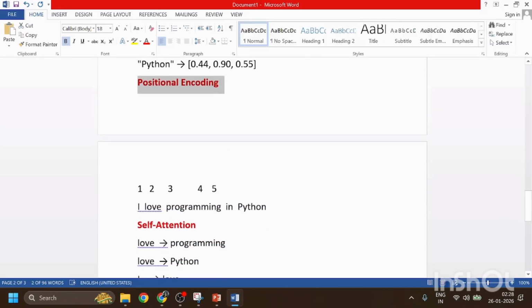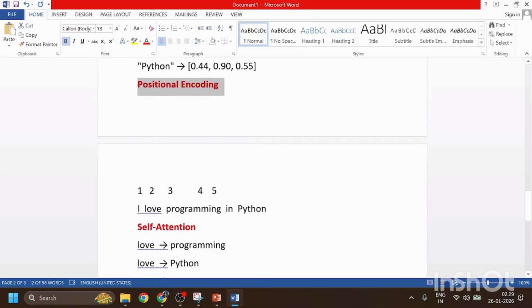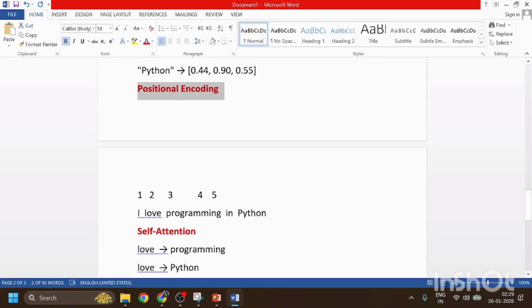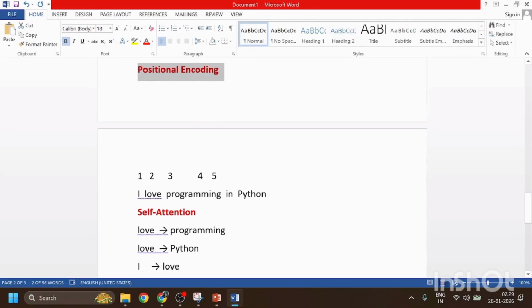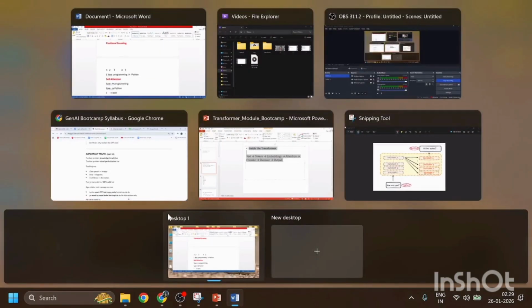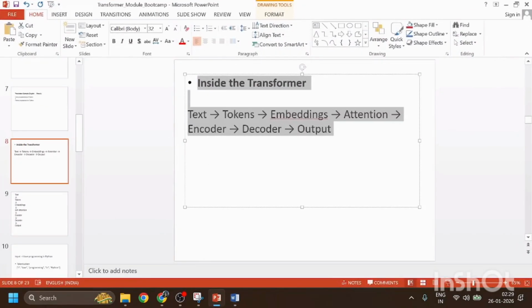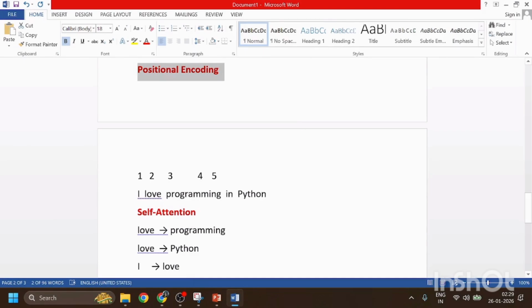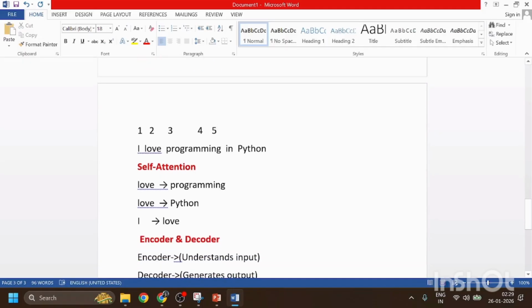After this I'm going to move to positional encoding. So what does it mean? The transformer reads all the words at the same time, so it needs help understanding the word order.